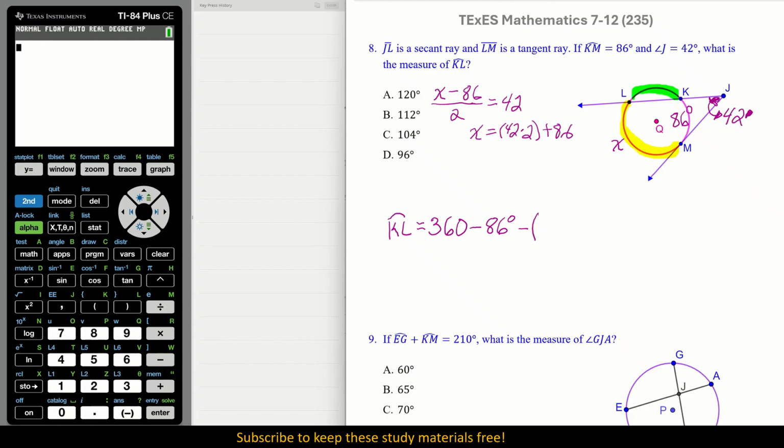So what are we subtracting from all of this? Let's put it in the calculator all at once, and I'll show you. I'm going to do a major bracket, with the 42 times 2, close that parentheses, and then plus the 86.